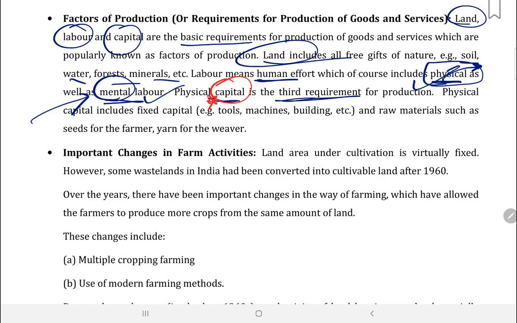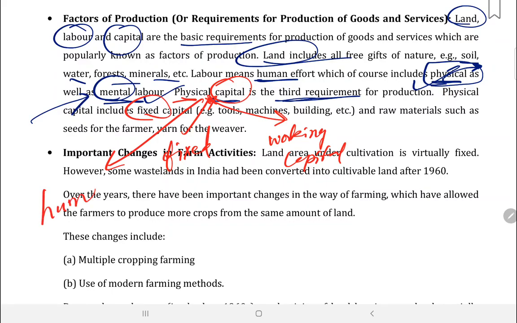Physical capital is of two types: fixed capital and working capital. And there's also one more kind, which is called human capital.